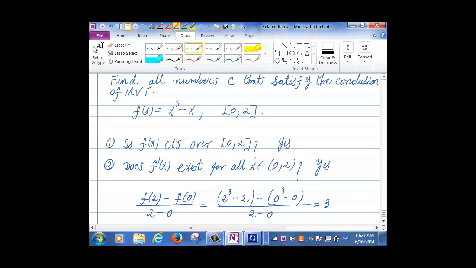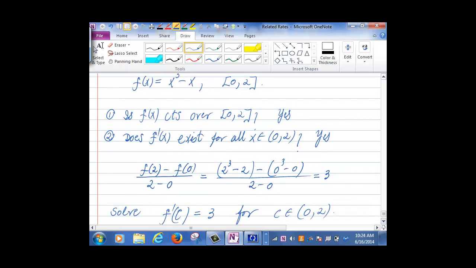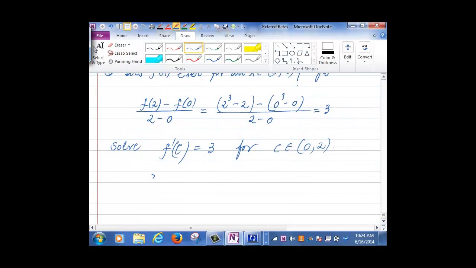So what is f prime of c? 3c squared minus 1, you replace x by c, right? Everybody is okay with that? The derivative of x cubed minus x is 3x squared minus 1, and then you replace x by c. So then what I get here is 3c squared minus 1 equals 3.